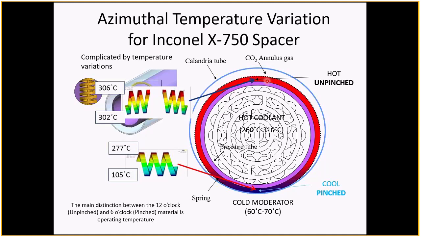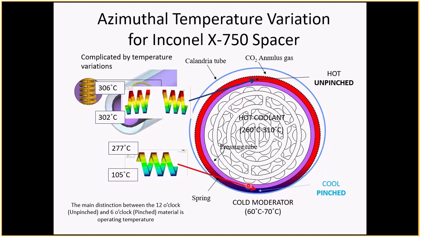Some of our engineers did finite element calculations of the heat flow in the assembly, and this is the kind of temperature distribution you might find around the spacer. At the top, the cold bit is the temperature of the pressure tube, and above that, slightly hotter because of the nuclear heating, the self-heating, and there's kind of the reverse happening at the bottom.